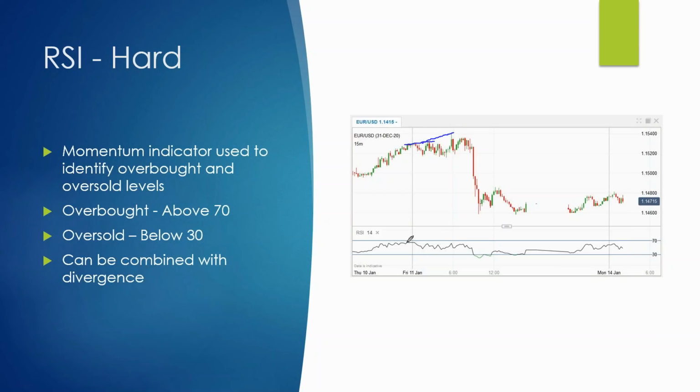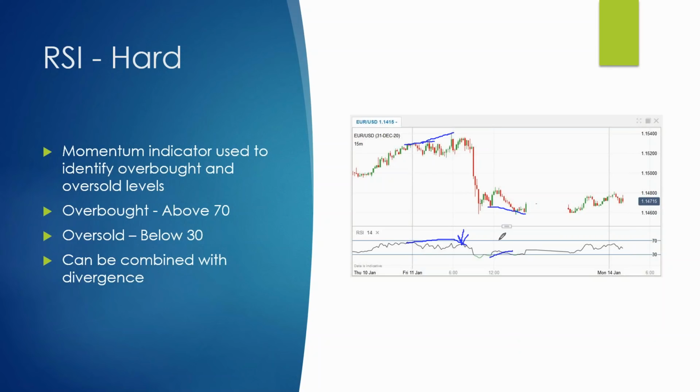Okay, and when you come here, it's actually making a lower high at this point. That's one type of divergence, okay? Then if you look here, you were making lower lows, but higher lows in the stochastics. Again, there's your divergence, okay?